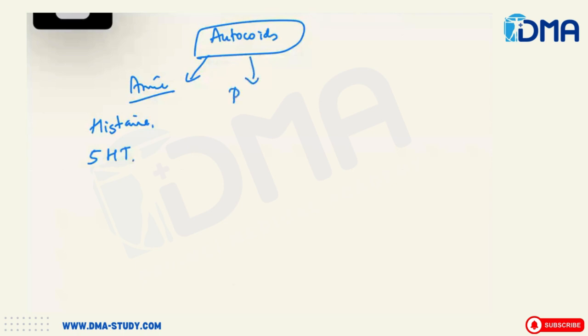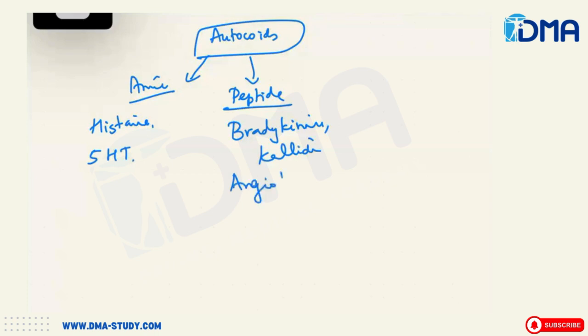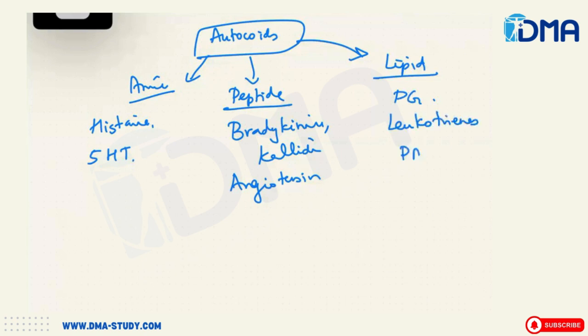Then peptide autocoids include bradykinin, kallidin, angiotensin. Lipid-derived autocoids include the prostaglandins, leukotrienes, and platelet activating factors. These are the autocoids. Among these, the most concern for us will be the histamines.